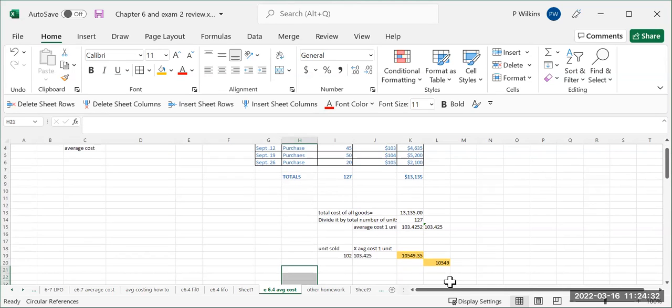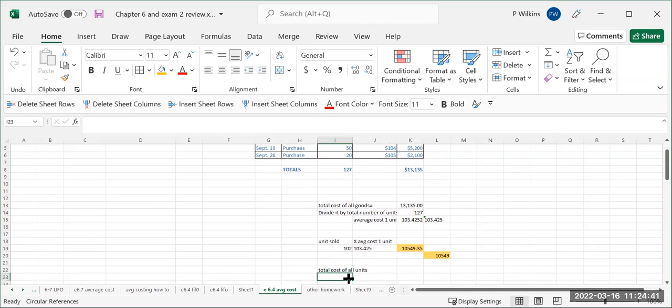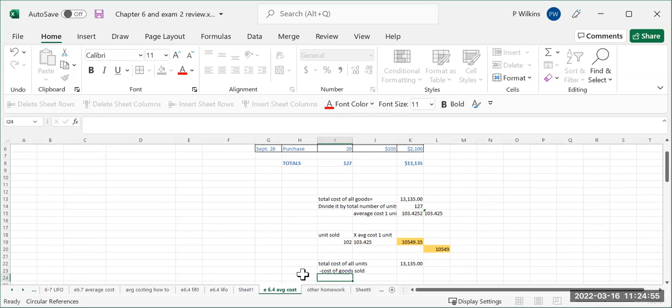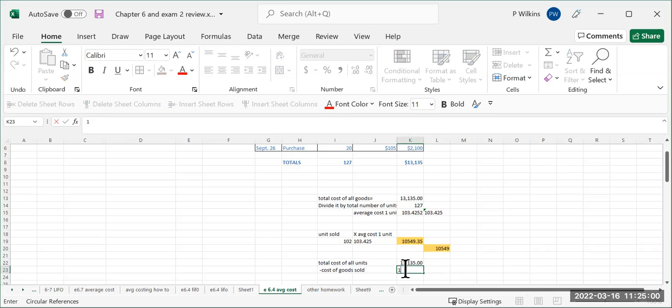If they wanted to know the ending inventory, what we do is we take the total cost of all units, 13,135, minus the cost of goods sold. The cost of goods sold was 10,549.